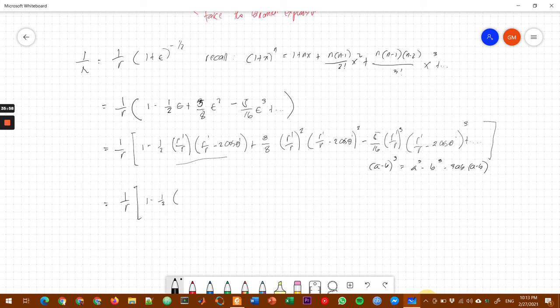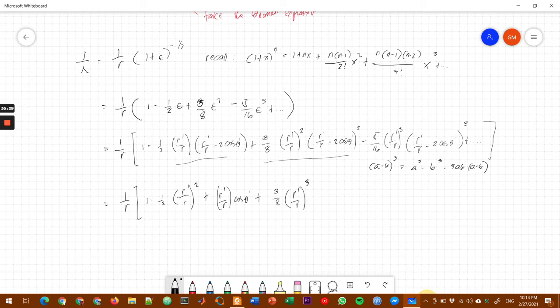That would be R prime over R square plus R prime over R cosine theta prime. Then kani siya nga term na yun, i-expand, i-distribute nimo, plus 3 over 8 R prime over R cube. Okay?